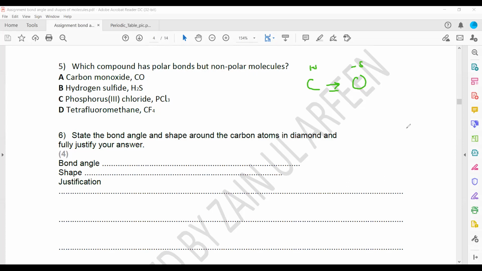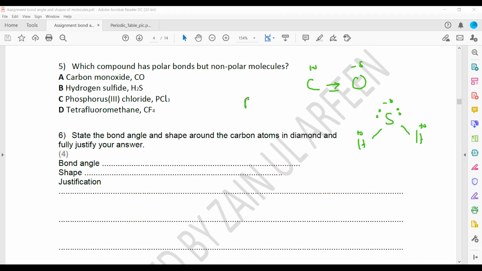What about hydrogen sulfide? Because there are two bond pairs and two lone pairs, it will be bent, and sulfur is more electronegative, so there is a partial positive and partial negative. That's why it will be a polar bond as well as a polar molecule.